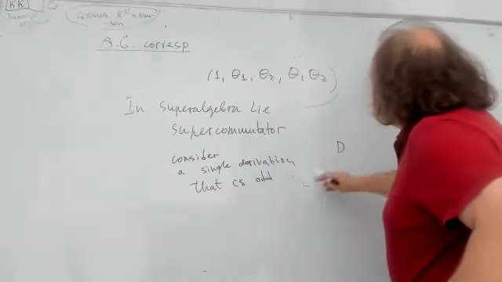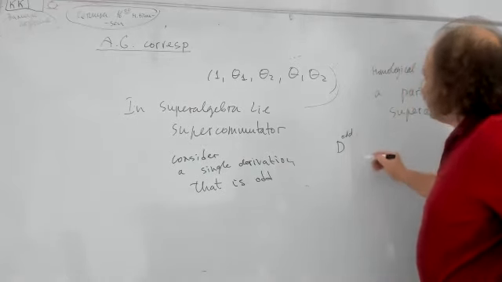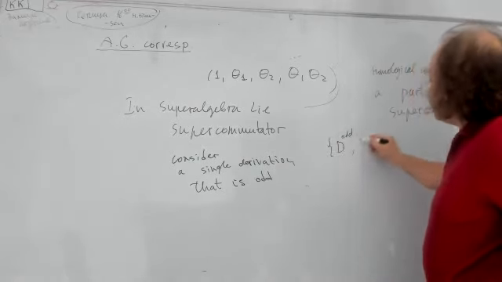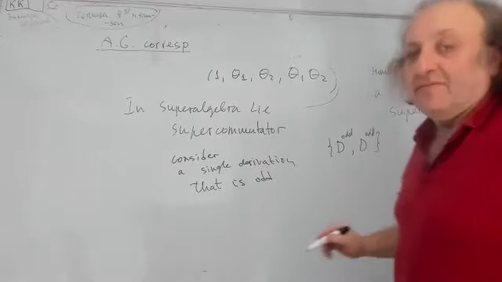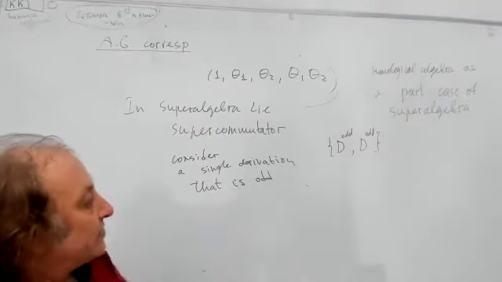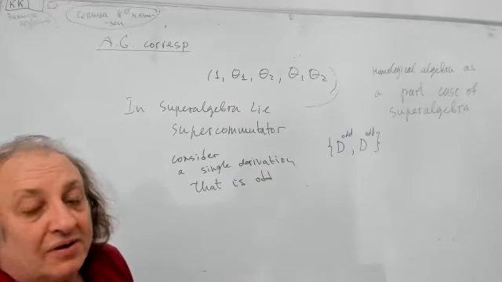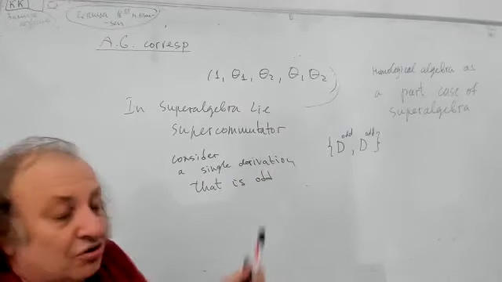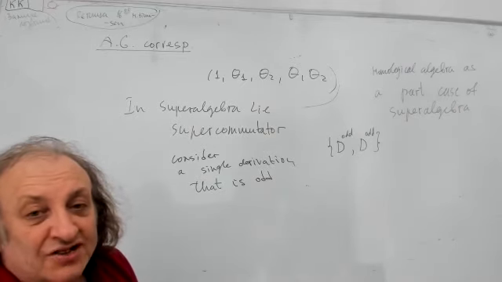Let me call it D odd. And its anti-commutator with itself. You see, its even counterpart is trivial. That's why we never saw it before in the conventional commutative algebra and geometry.